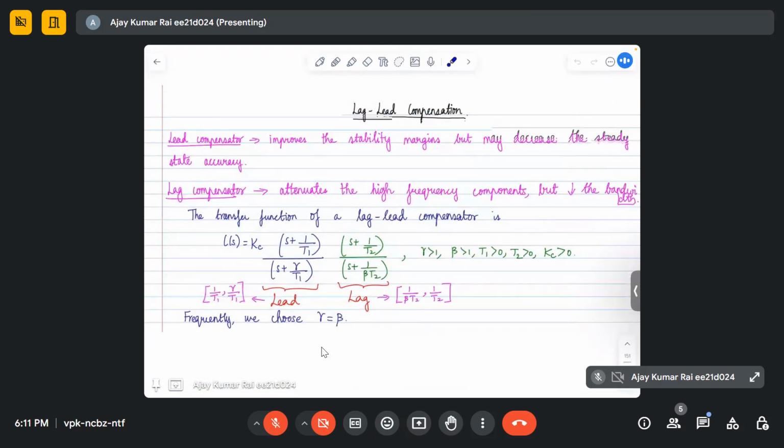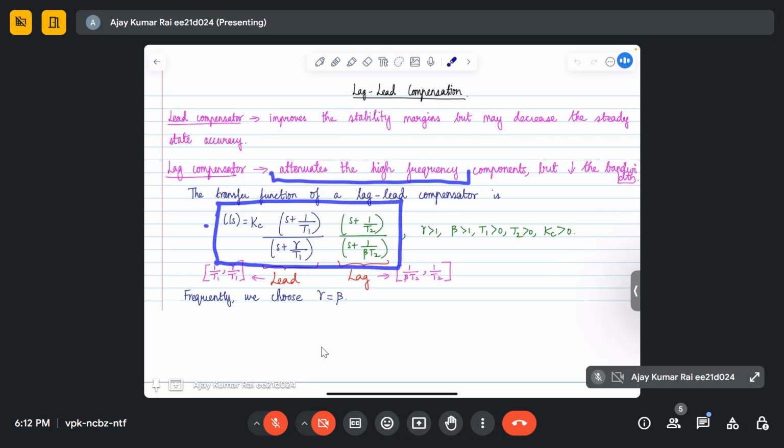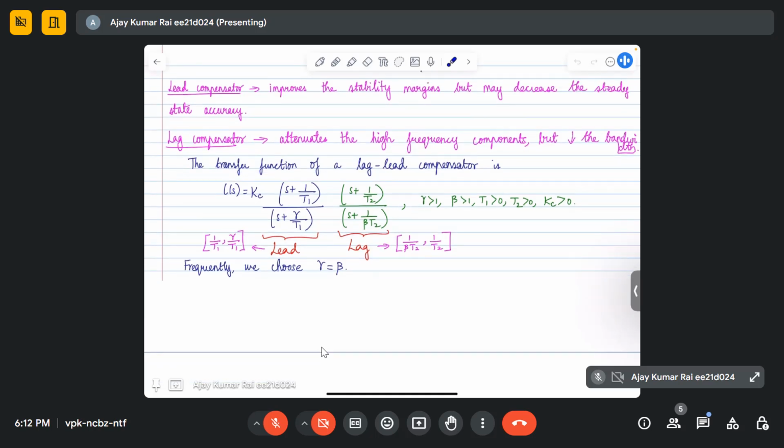Now the lag-lead compensator: you can get the combination of all the advantages of the lag and lead compensators here. You can improve the stability margin, and the lag compensator attenuates the high frequency. This is the transfer function here. Kc, gamma, T1, T2 and beta are the variables.